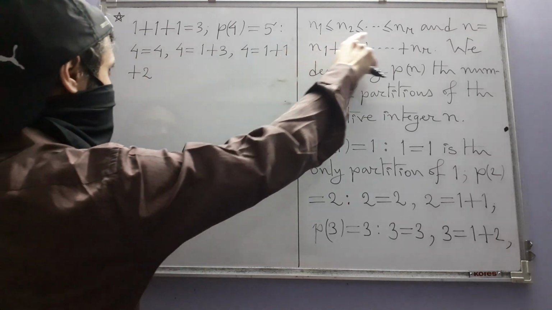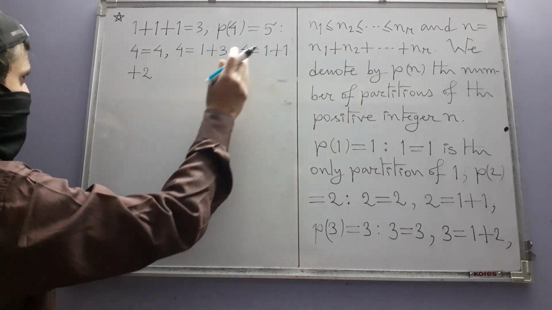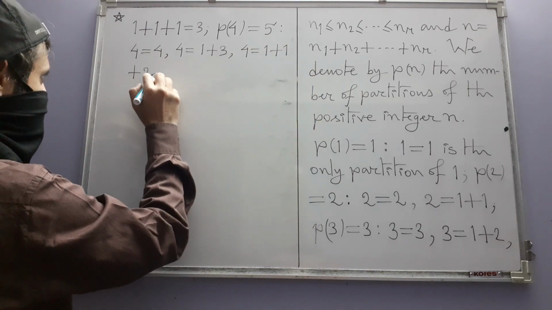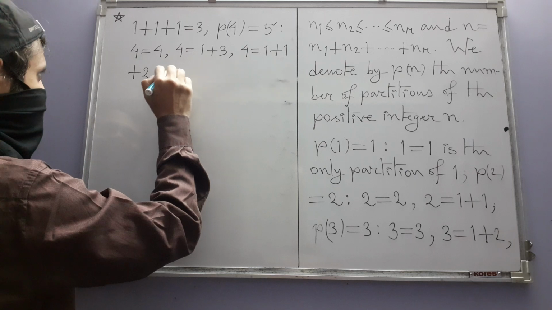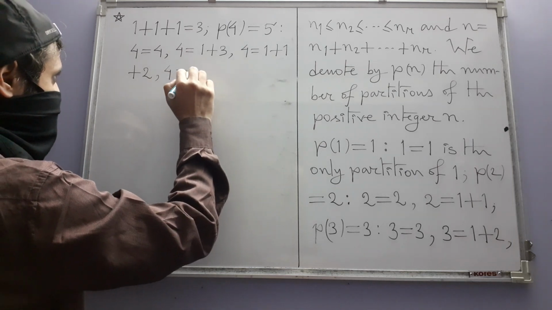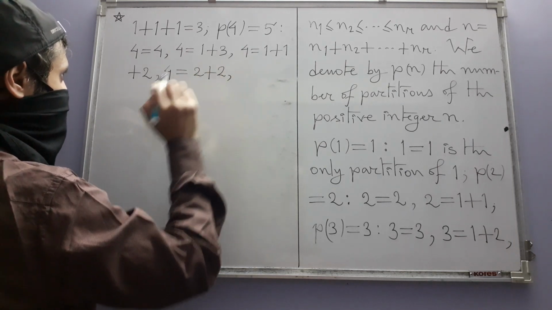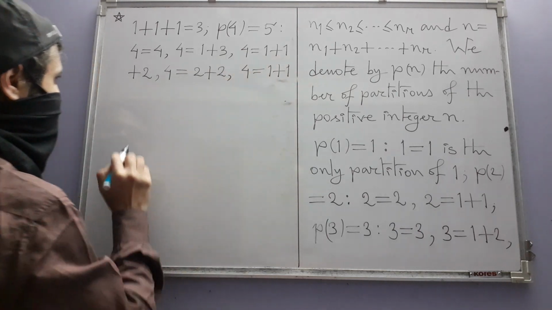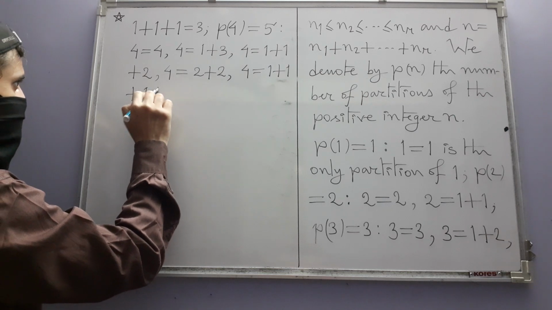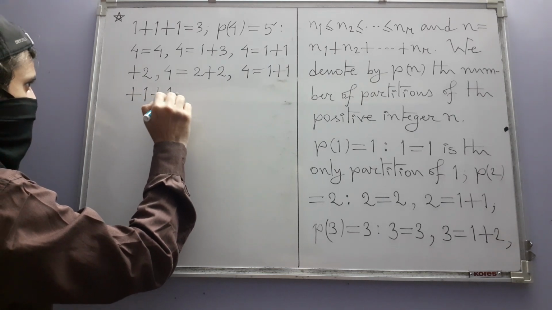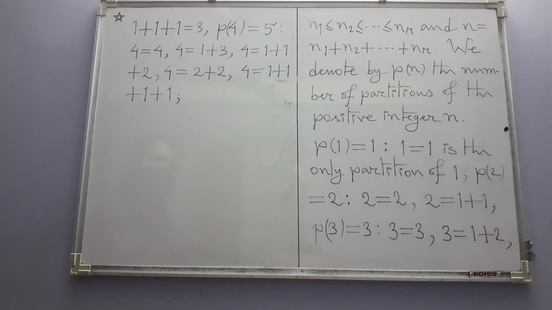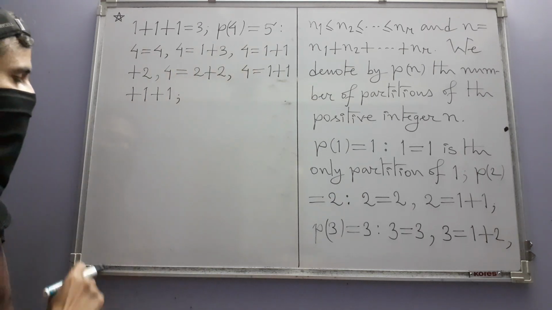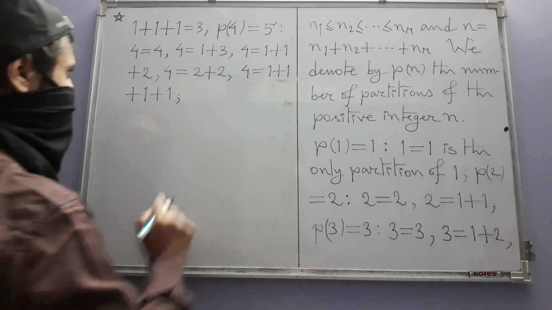We are keeping this order intact, so that's why we write the smaller ones first and then increase the size. Then 4 can also be written as 2 plus 2, and finally 4 is also the sum of 4 ones. Okay, so that is P of 4. There are 1, 2, 3, 4, 5 ways of partitioning 4.